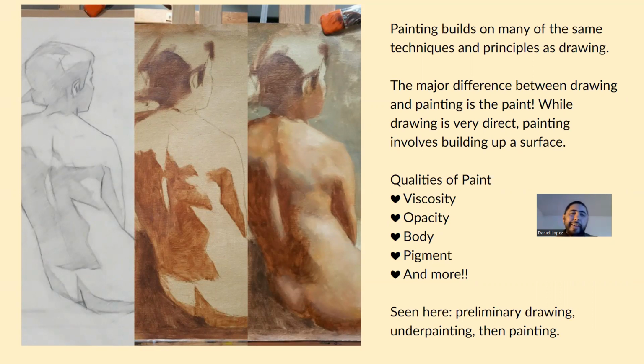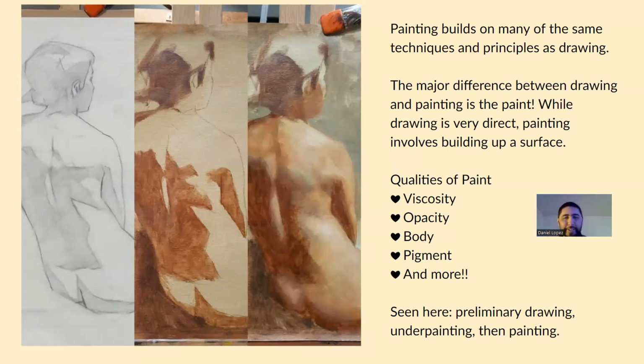Of course, there's some overlap, because India ink, which is a more watery sort of ink, you can consider that painting because you are spreading around the ink. So again, just like everything in this class, there's never a 100% perfect definition of what one thing is and what one thing isn't.